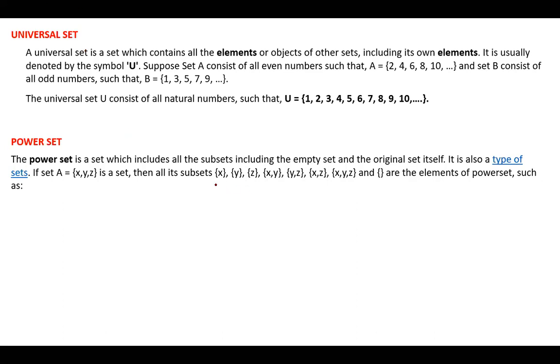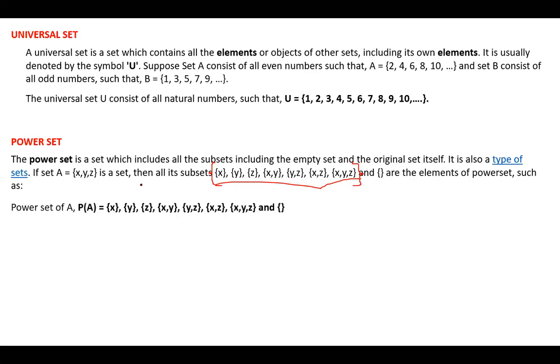When you combine these subsets and put them in one set, you form what is called a power set. So a power set is simply a set that contains all the subsets of a given set, including the empty set and the set itself.